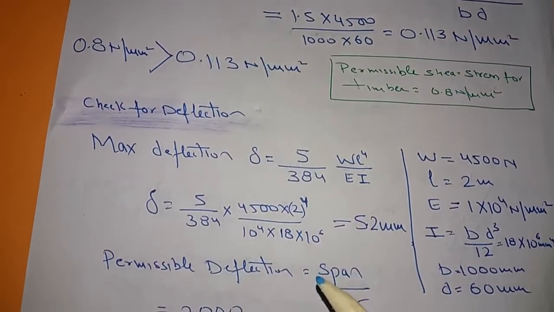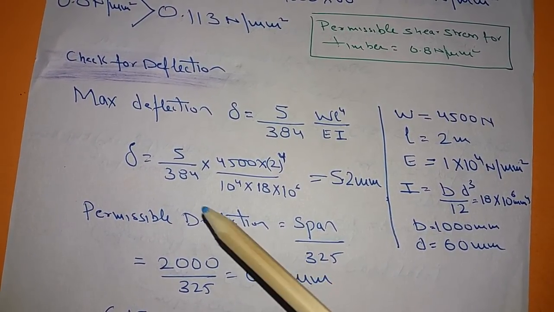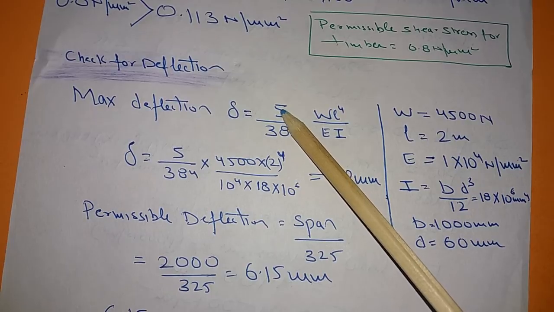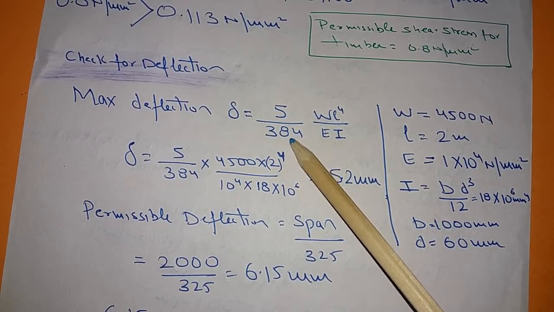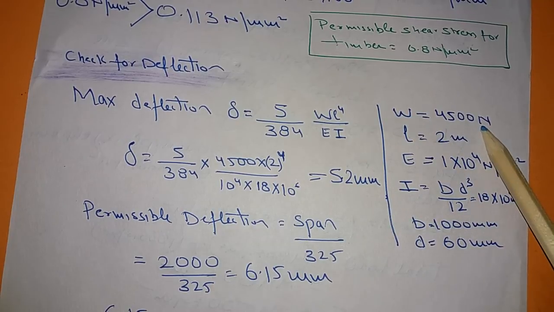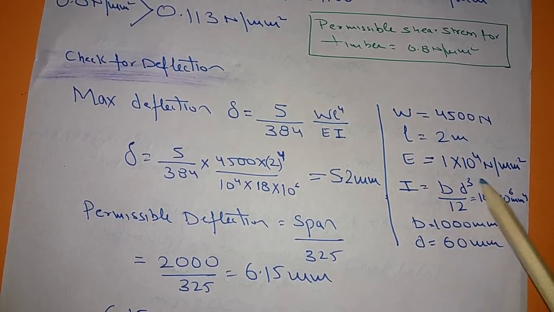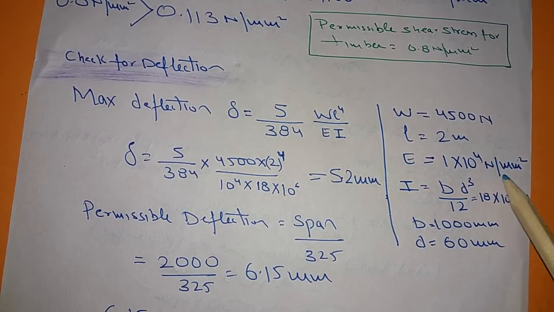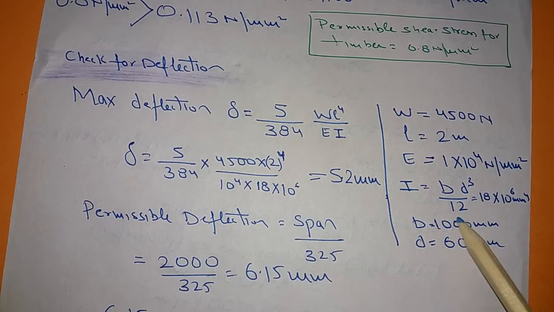Now check for deflection. Maximum deflection, as we discussed, is 5 by 384 into WL power 4 by EI. W is 4500 Newton, L is 2 meter, E for the timber is 10 raised to power 4 Newton per millimeter square, I is BD cube by 12, where B is 1000 and D is 60 mm.